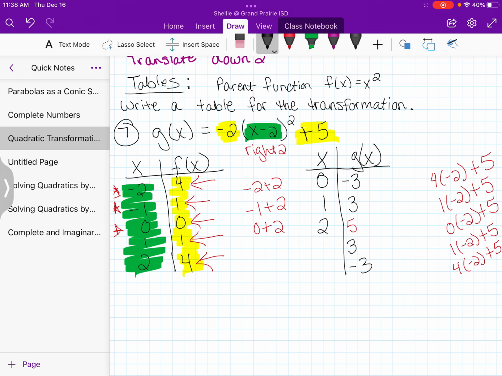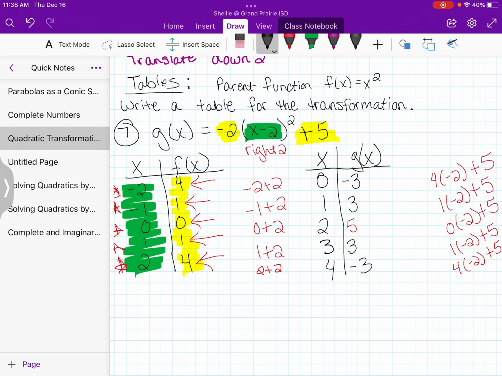And then I have 1 right here. So 1 plus 2 is 3. And then right here I have a 2. So I'm going to do 2 plus 2 is 4. This would be the table for g of x.